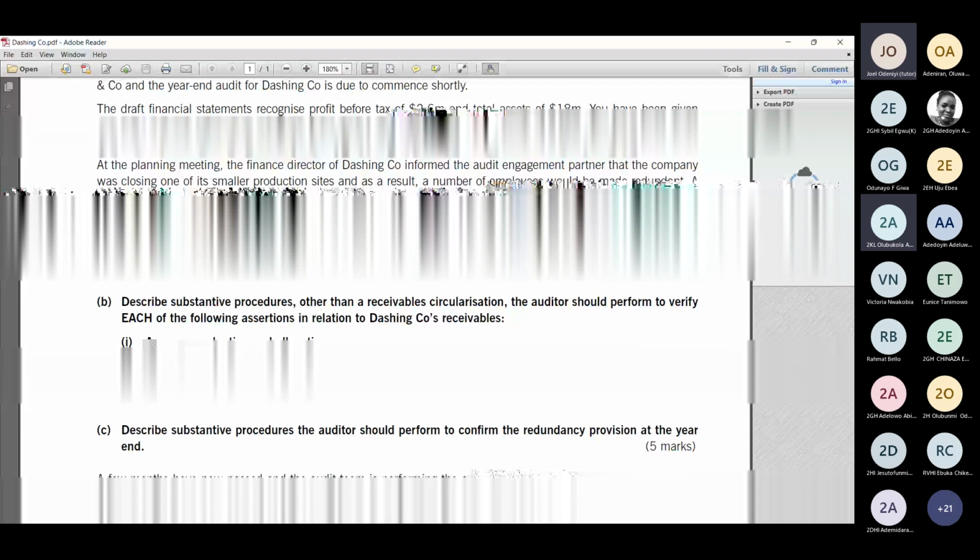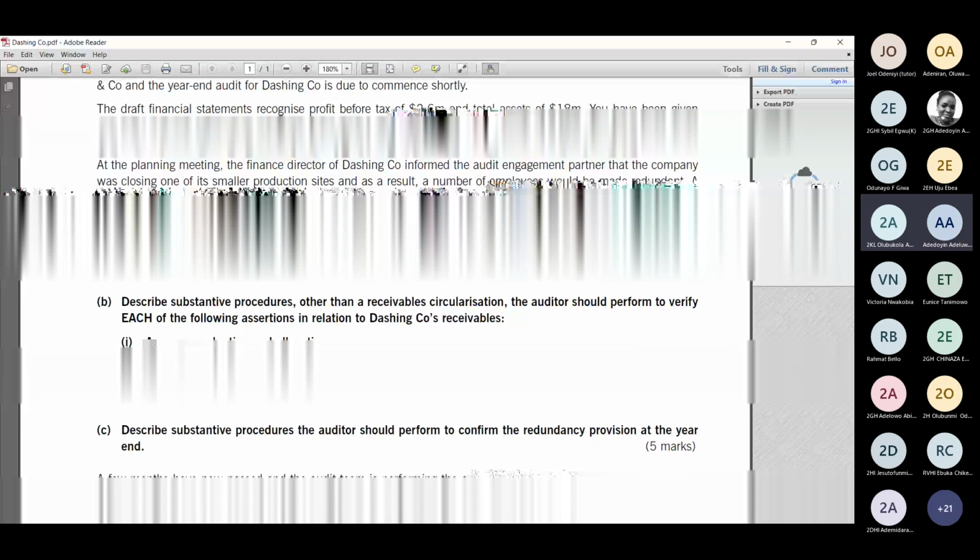If you know that these are two different documents from two different sources, and the balance should agree, that would help you with valuation. And to some extent it might help you with completeness as well, because if the balances don't agree, you can see that maybe something is missing in one of those documents. So yeah, that would still be a good procedure.